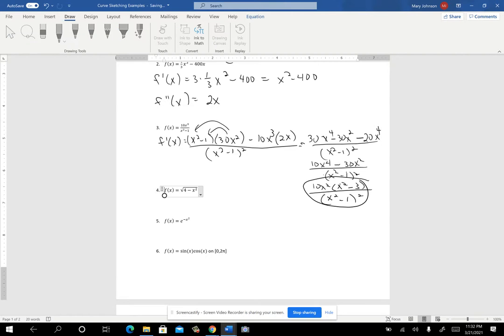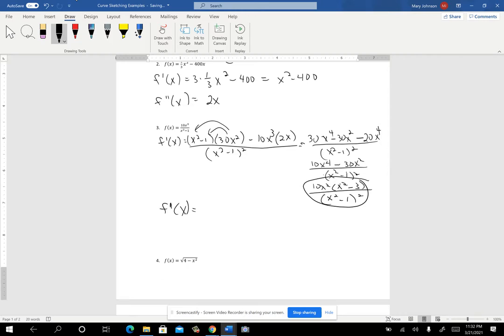Okay, now let me move this one out of the way. Okay, let's work on the second derivative. I'm going to look at that finished product over there. This one's going to be kind of lengthy.